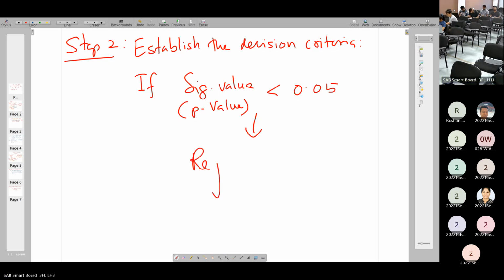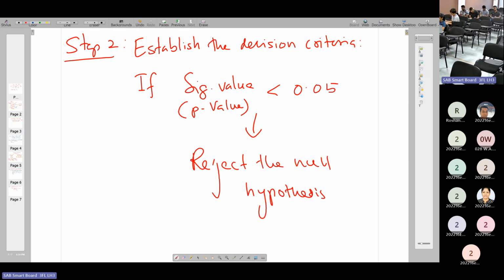Reject the null hypothesis. If it is more than 0.05, you cannot reject the null hypothesis. You cannot reject that there is no difference. That means there is no difference. If you reject the null hypothesis, this means what?